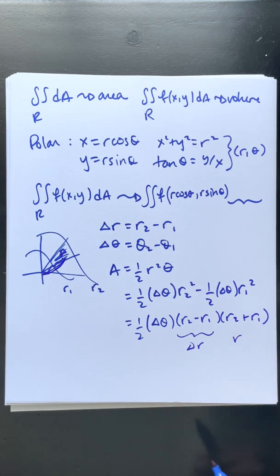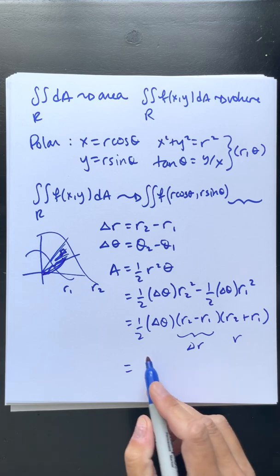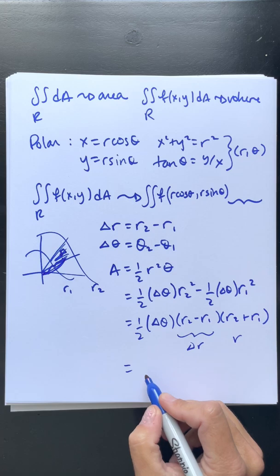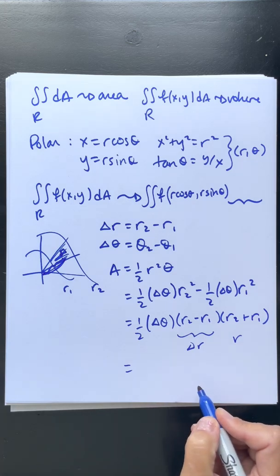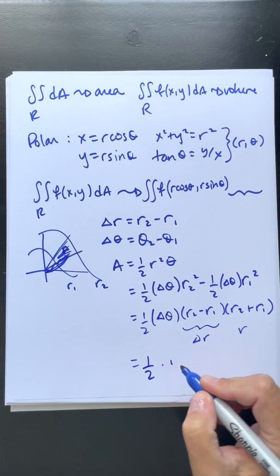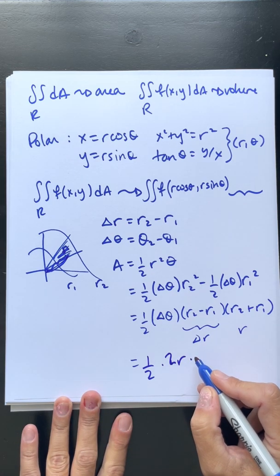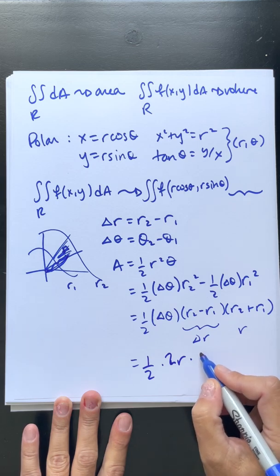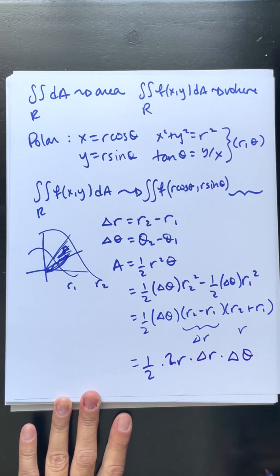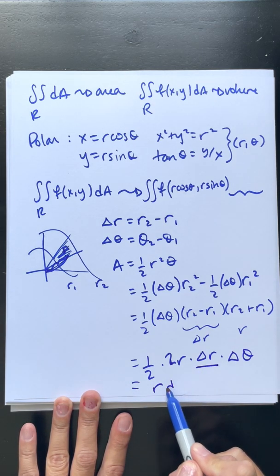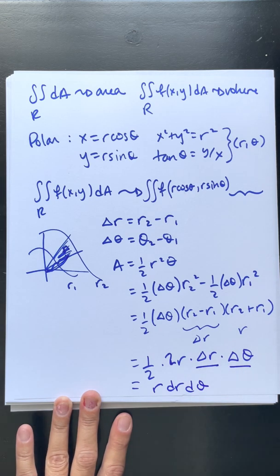So the area of this sector is, because I have two of these, 1/2 delta theta times 2r, 1/2 of 2r times delta r times delta theta. So this turns into r dr d theta.